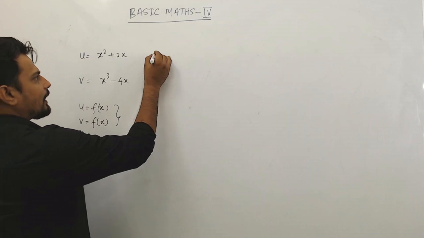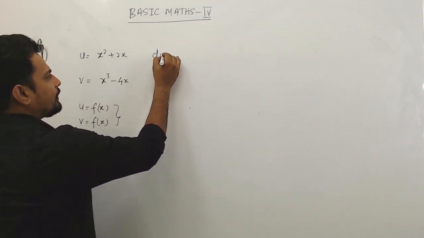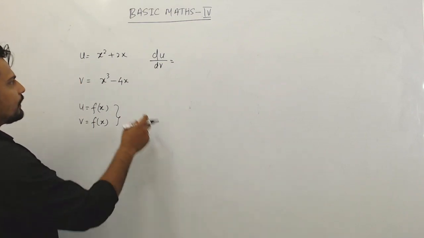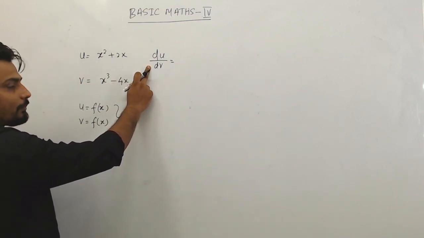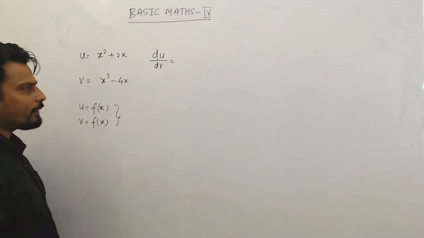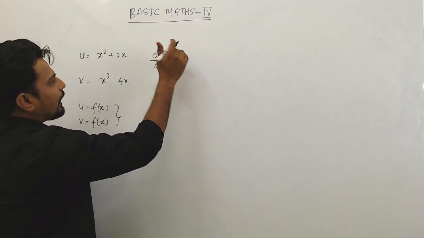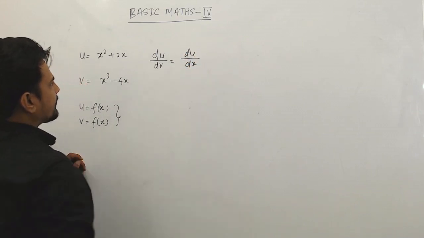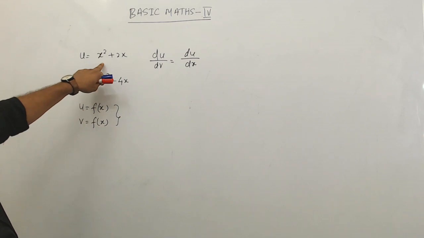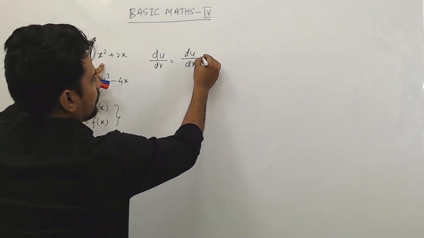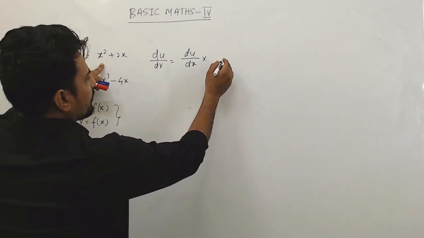Now, let us say that I want to find probably du by dv. In this case, what am I going to do? Look, u is not a direct function of v, but they are related through a channel which is x. They are related with the link of x. So in this case, I can differentiate u with respect to x, because u is a function of x. Now, dv has to be in the denominator.